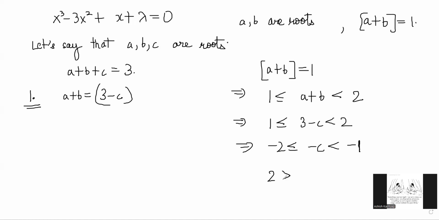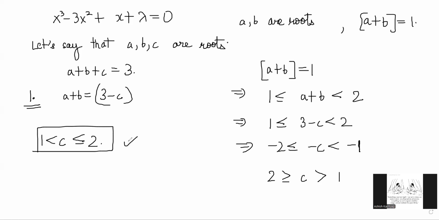You get 2 is greater than equal to c is greater than 1. So we are getting the condition on c. C is such that 1 is less than c less than equal to 2. So this is the information that we get about the third root of this cubic, right? And we are getting a plus b is equal to 3 minus c.